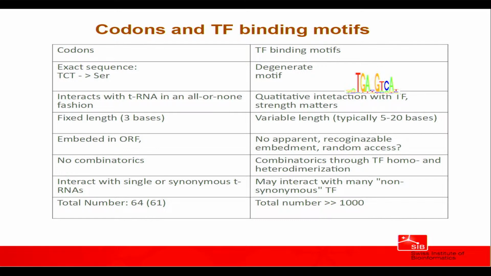The codon interacts with a single or synonymous adapters, and the transcription factor binding site potentially can interact with non-synonymous transcription factors due to the degeneracy. Now also the number of words is different: genetic code 64, 61, and TF binding motifs, many more than 1,000.